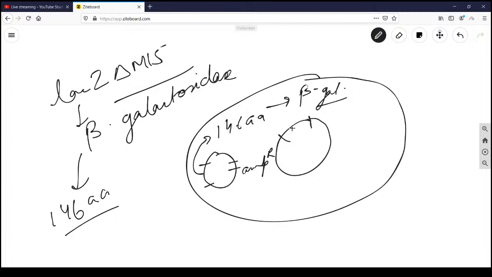X-gal will be broken down into 5-bromo, 4-chloro indoxyl, and after that it dimerizes to form 5 prime bromo, 4 prime chloro indigo. That is what happens.